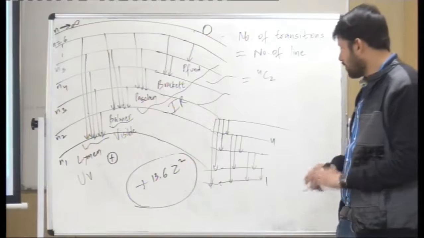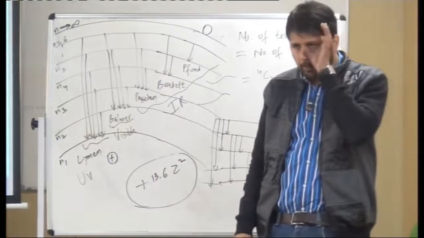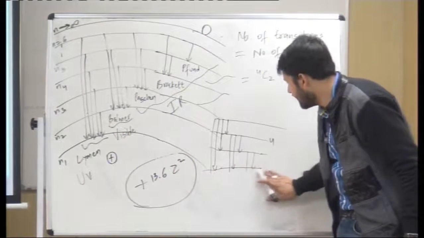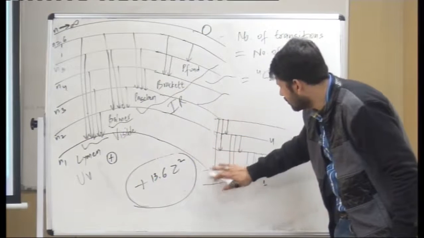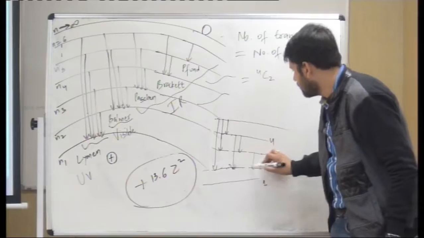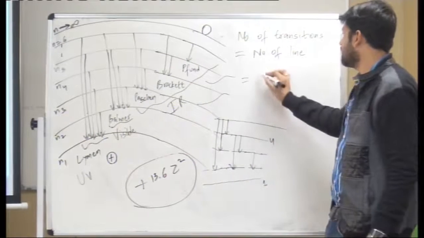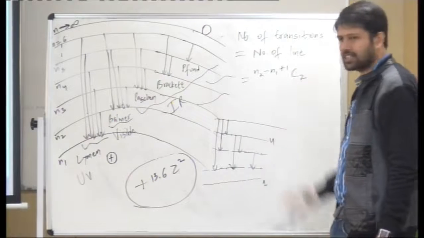Is it okay? But what if the transition does not end at 1? So all these transitions would not be there. I'll directly write the formula now based on the understanding. It is nothing but (N2 minus N1 plus 1) C2. Just check this out.